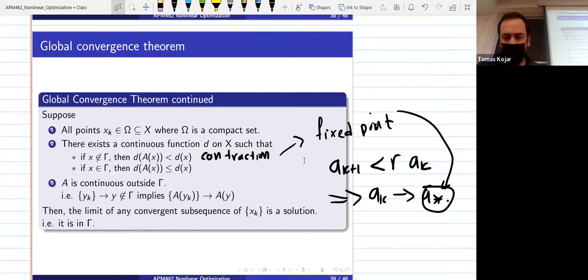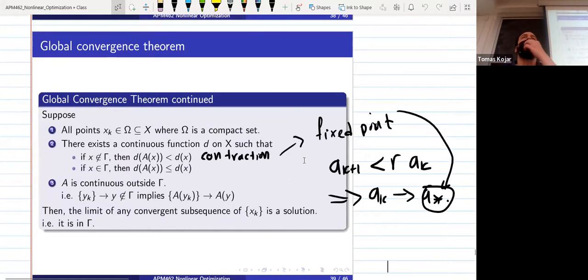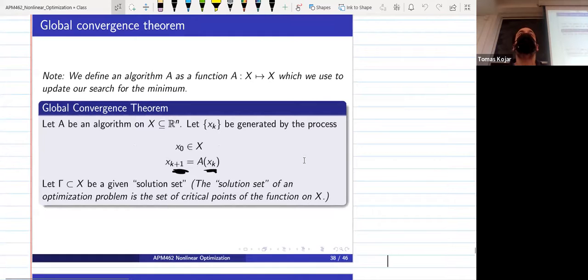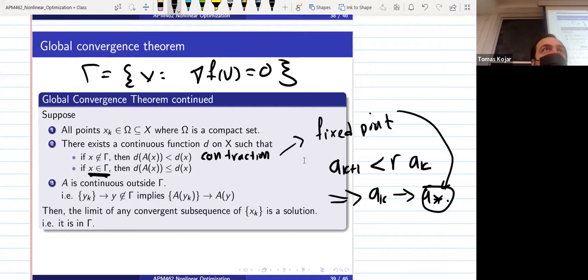All right, so you need this. And so gamma is the solution set, right? Yeah, it's the same stuff. So you need contraction for your algorithm, otherwise you don't have convergence. If you're already in the stationary set, so these are the solutions for the gradient, gamma is basically all the v's so that the gradient of f of v is 0, all the stationary stuff.